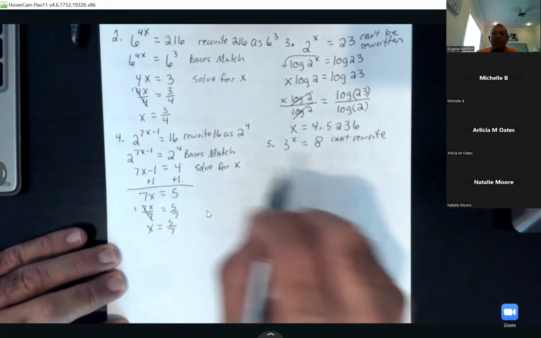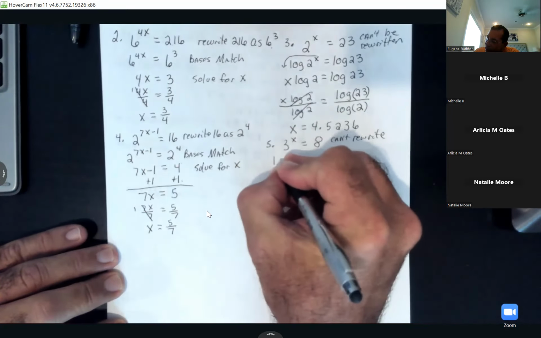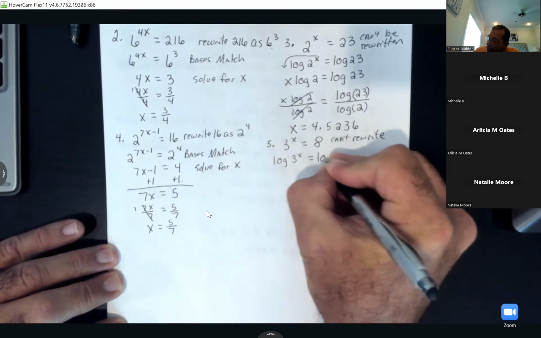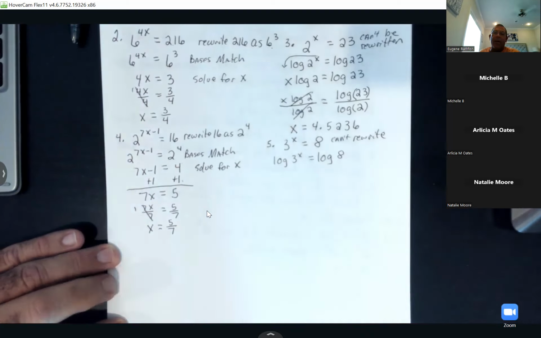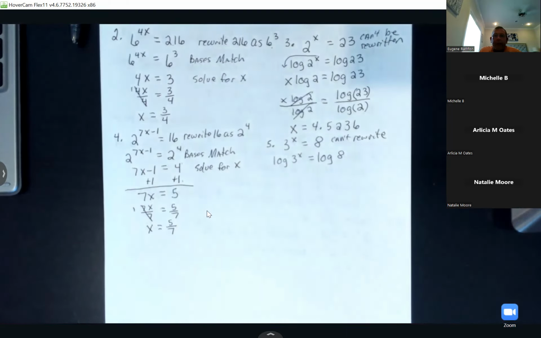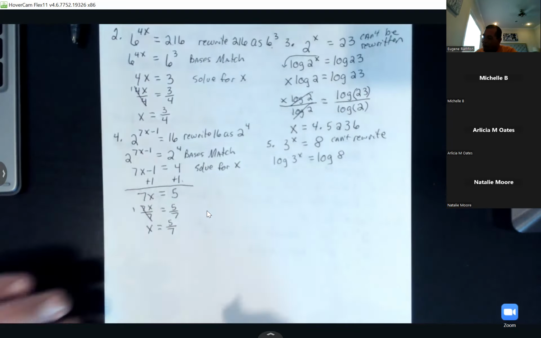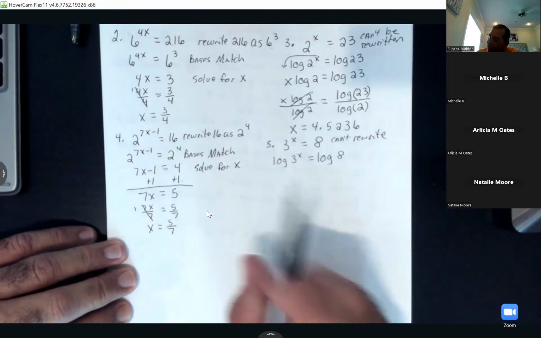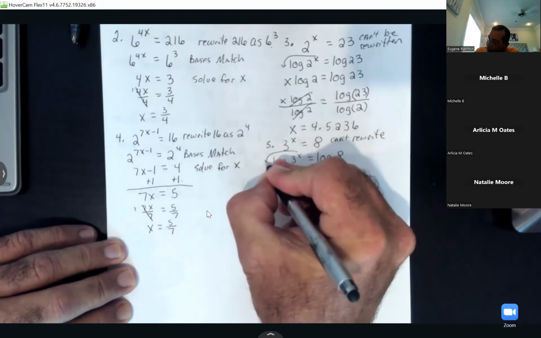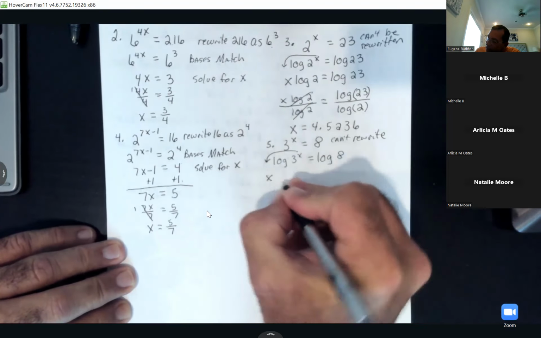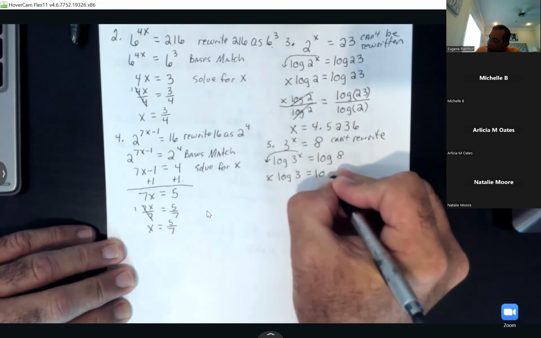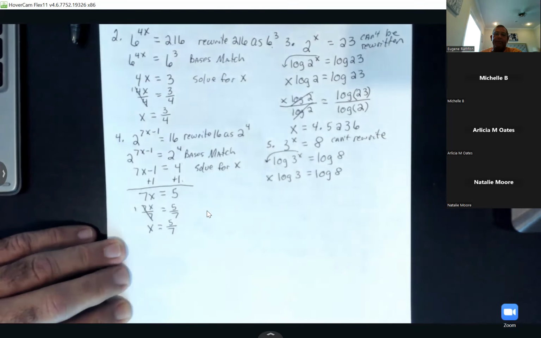All right, so we can't rewrite, so we're going to take our log of both sides. So a log of 3 to the x equals a log of the 8. And y'all remember, the only reason we took logs of both sides was so we can bring that x down to the front. So we're going to get x log 3 equals log 8.